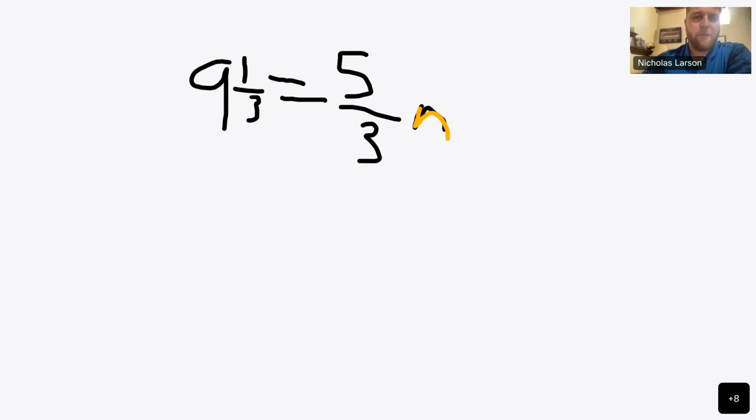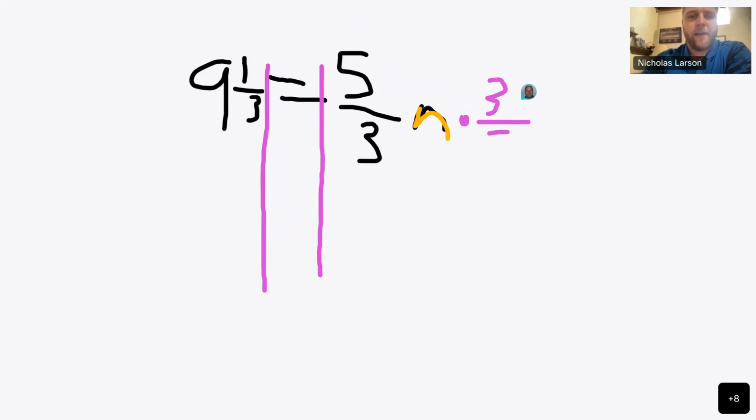So when we divide fractions, we actually multiply by the reciprocal. So instead of dividing by 5/3, it's the exact same thing as multiplying by 3/5. And if I multiply on the right side, I also have to multiply on the left side.